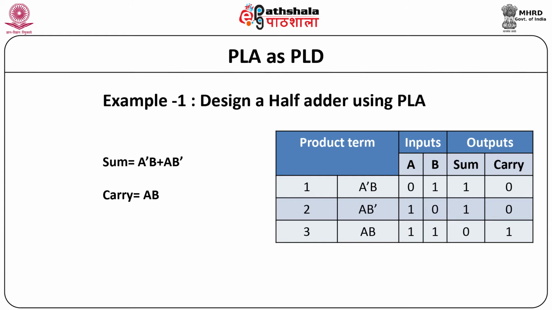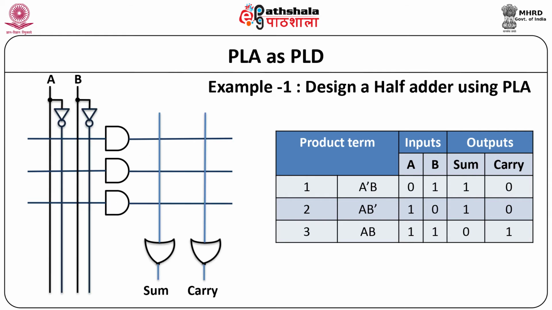Similarly, input columns are filled for second and third product terms. Let us now fill the output, that is sum terms. For the sum output, first and second product terms are present, hence value is 1, which is written in both the product terms. Similarly, the carry output contains third product term, hence carry output is 1.